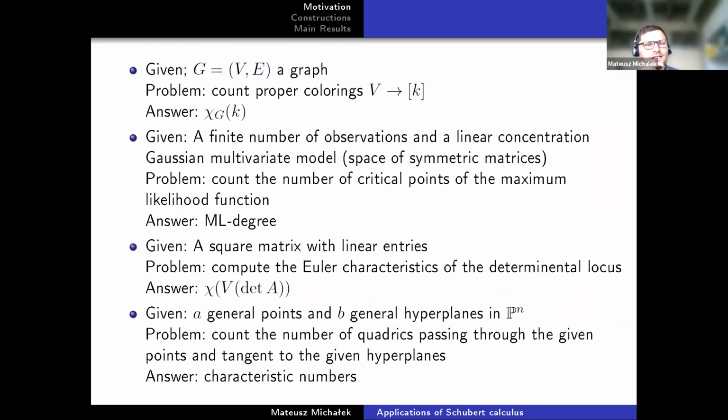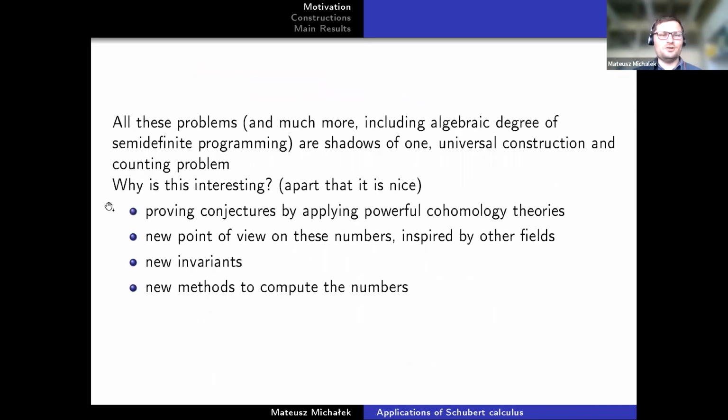Okay, so in these problems, there is always something given. There is always an answer, which is either an integer or a sequence of integers. But these problems are from very different areas of mathematics. They are quite classical, but from very different areas. So what is this talk about? Well, this talk has one aim only, namely, I will be trying to persuade you that all these problems, and in fact even more problems, including something called the algebraic degree of semi-definite programming, are one and the same problem.